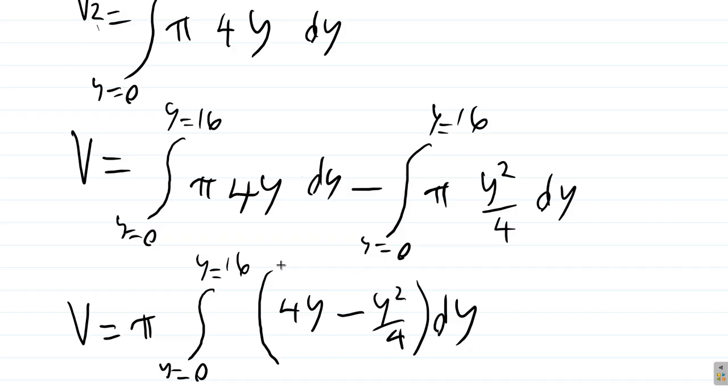I'm saying you could integrate this and then integrate this separately, then you subtract them. But remember, since the boundaries are the same, you could just combine them. And since we have pi in both, we just put the pi outside here.